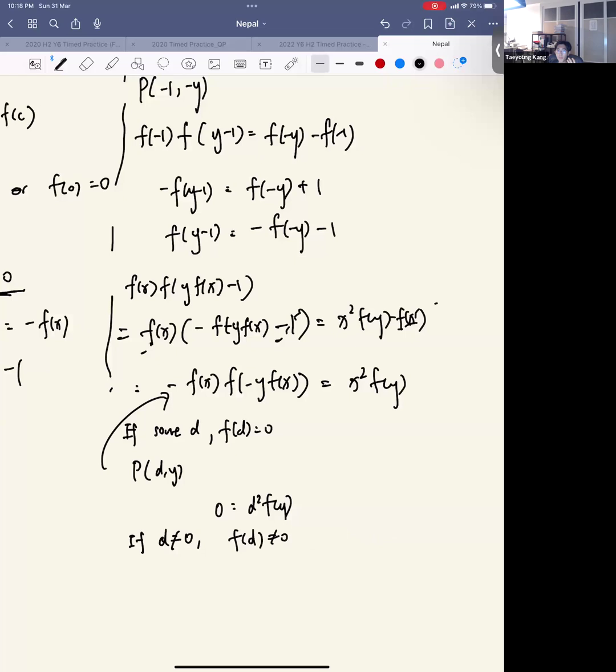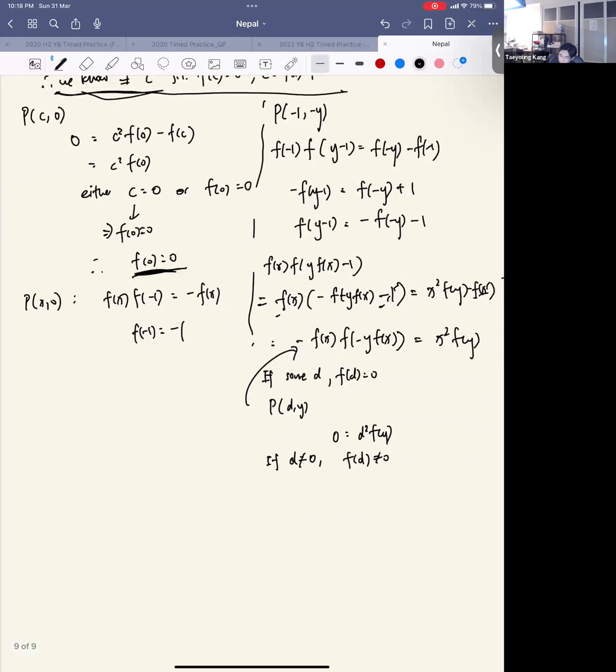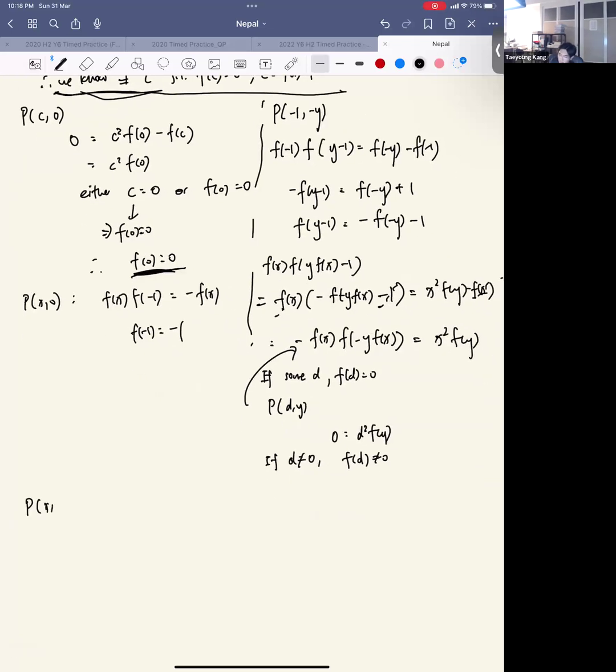So now what we try is we substitute P(x, x). What does this give you? P(x, x) will give you that f(x) times f(-x) f(x) is equal to -x squared f(x) from this, correct?